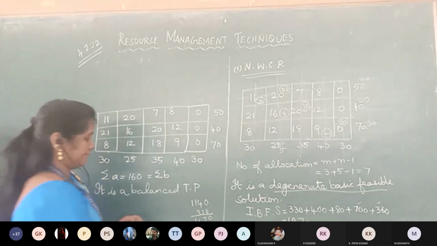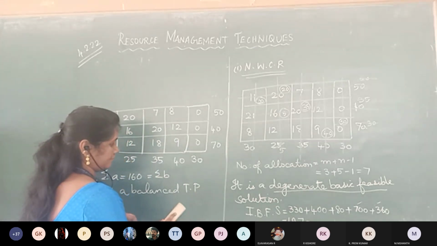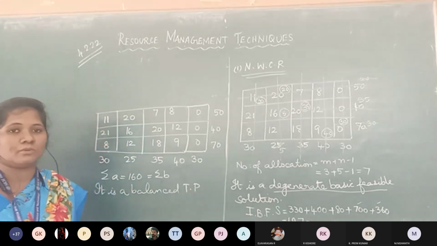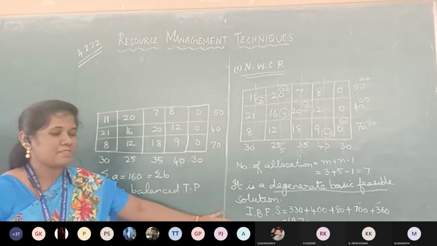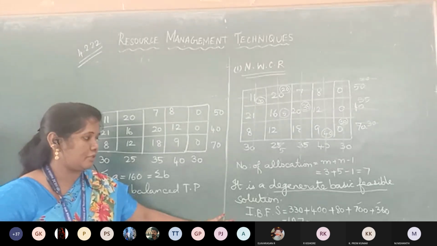Are you getting it? So for your northwest corner method, your initial basic feasible solution is 1870.